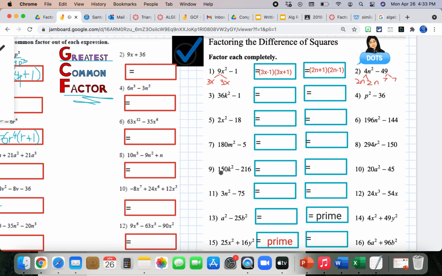I strongly recommend that you write this out somewhere where you have more room. 150, I know I can take maybe a 6, maybe a 5. Okay, so divide 5 into 15, I get 3. And divide 5 into 0, I get 0. So 5 times 30. Okay, 30, I can still do a 5 times a 6.